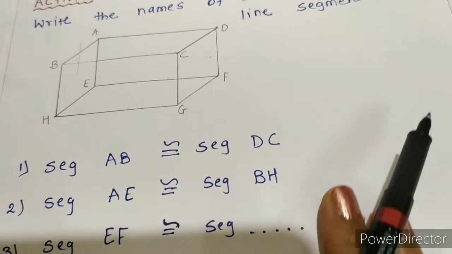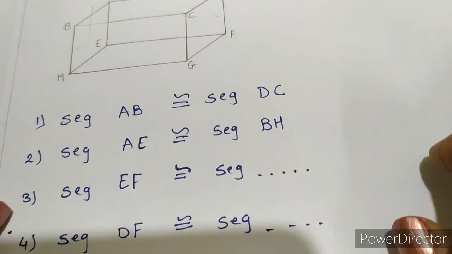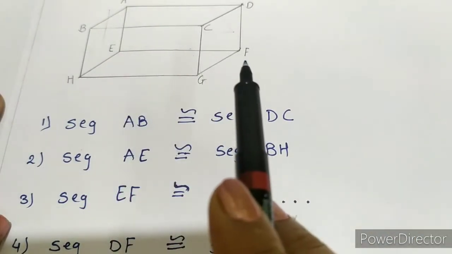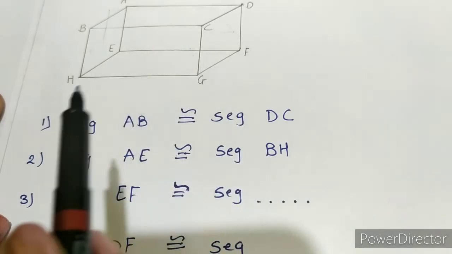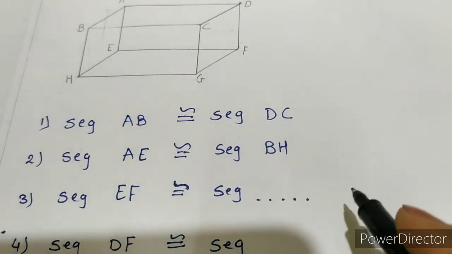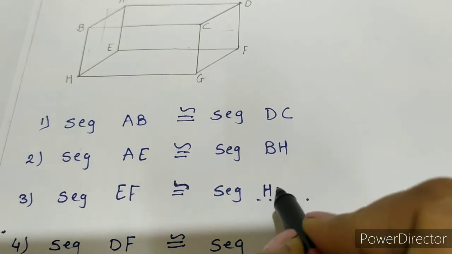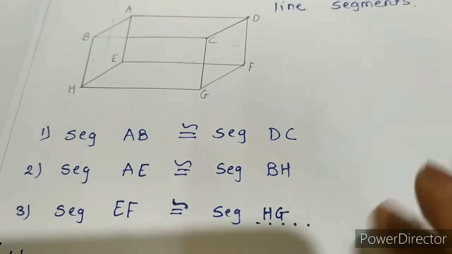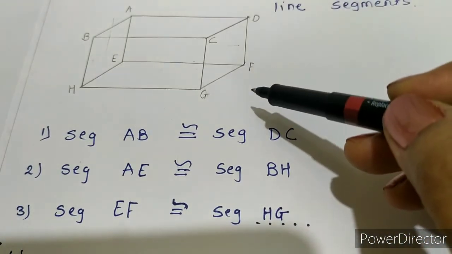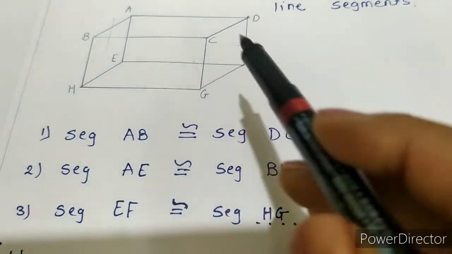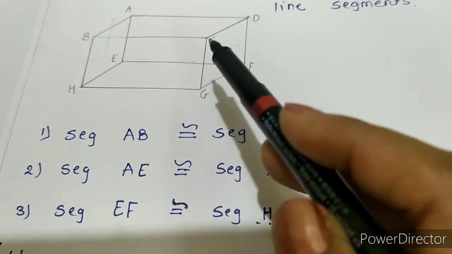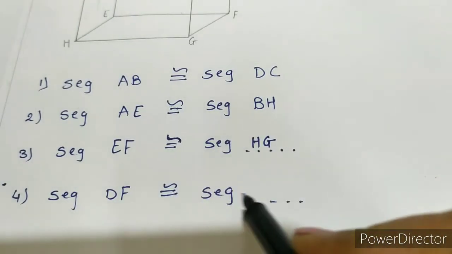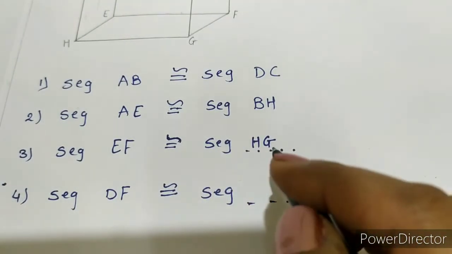This is already given. Now segment EF we have to find out. Segment EF is congruent to segment HG. And segment DF is congruent to segment CG. So write down segment DF congruent to segment CG.